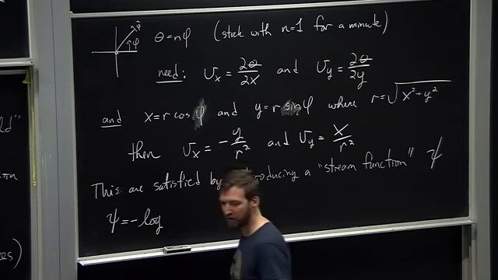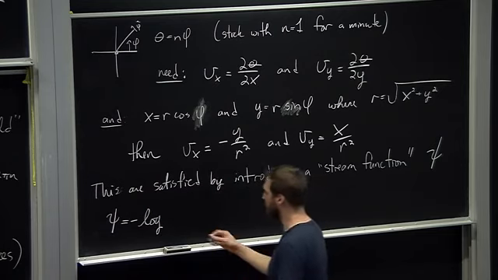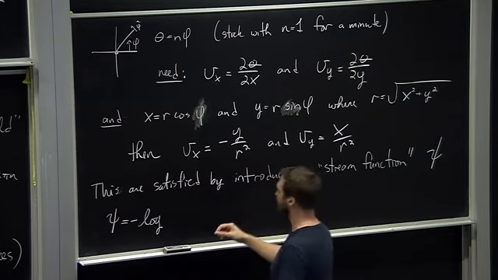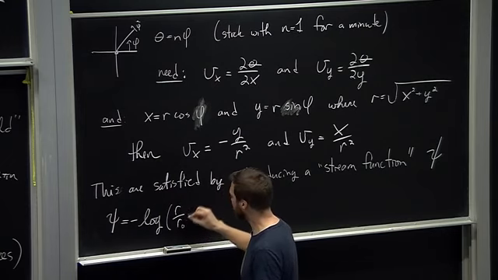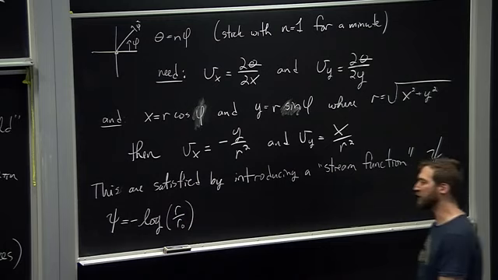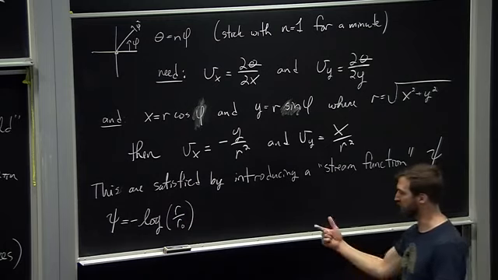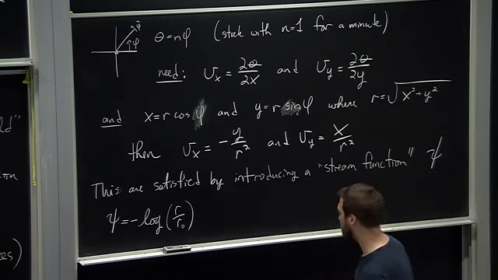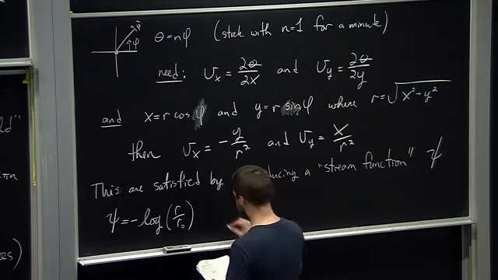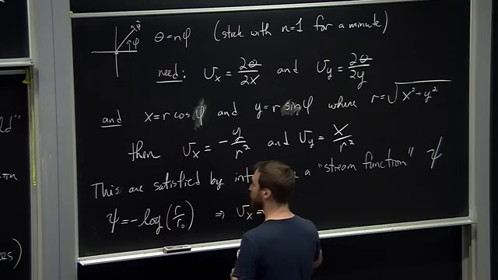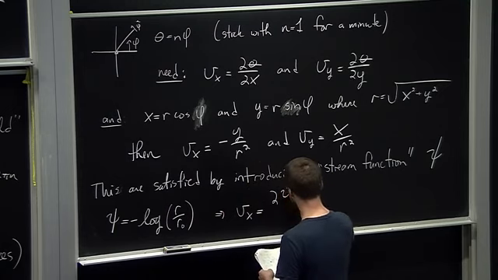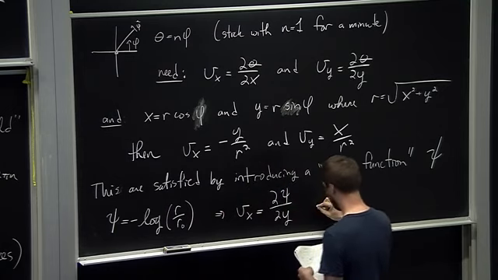So it's going to be a log. So if I have log of r, but I have this defined up to a constant of integration. So I'm just going to plug that into the log. Call it r naught. Then vx, this is the y part, so it's a partial of the stream function with respect to y.